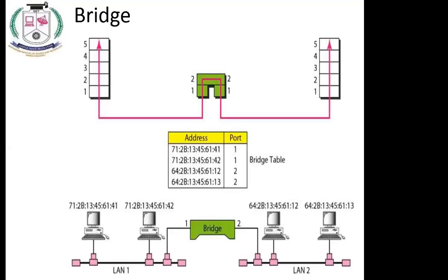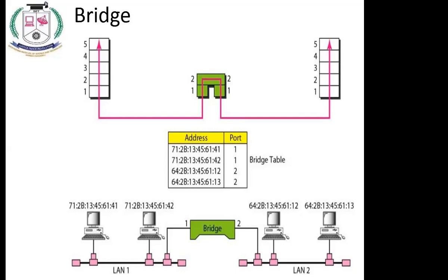Now, another example of how a bridge identifies the destination. Using the MAC address, the bridge will have a table called the bridge table. Using the MAC address of each and every device, it will identify whether those devices are connected to port 1 of the bridge or port 2 of the bridge. If any frame comes to port 1 of the bridge, the bridge will immediately refer to the table.